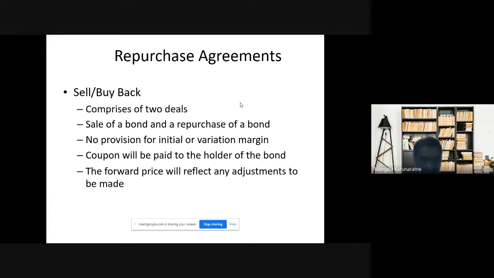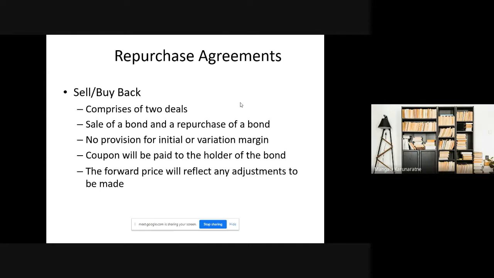So you buy or sell, and you sell or buy, and you conclude both at the same time. Say today you do a sell and buy back, and tomorrow the interest rates go up, what will happen? Nothing will happen, because you have already concluded your transactions. So that risk is not there.